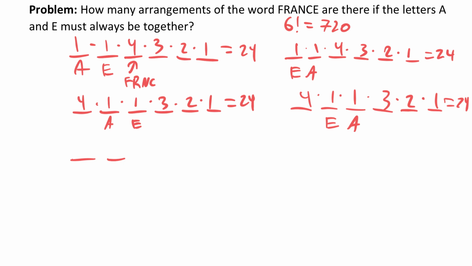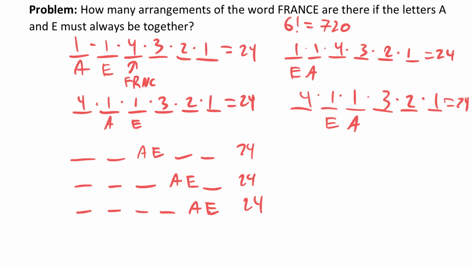We could have 2 letters, then A, E, and then 2 more letters. We could have 3 letters, then the A, and then the E. Or we're going to have all 4 letters, and then the A and the E at the back. So this will be 24, 24, 24. And over here we'd have the same thing, but where we have EA instead. So that's going to be 24, 24, 24.